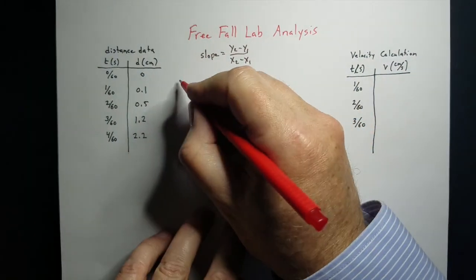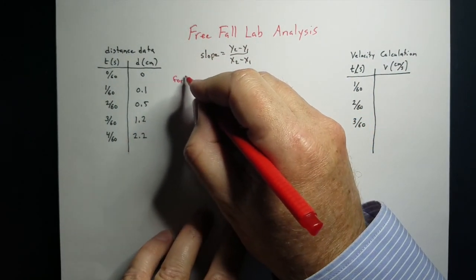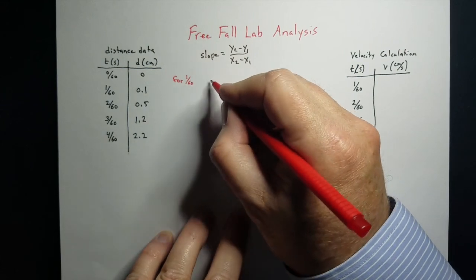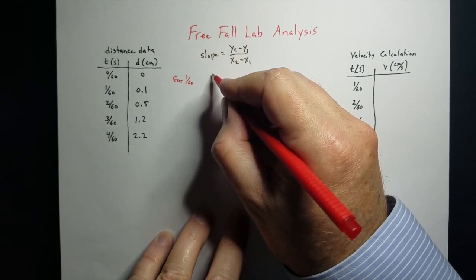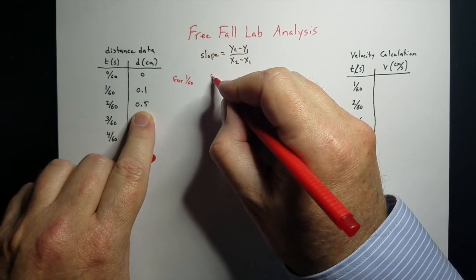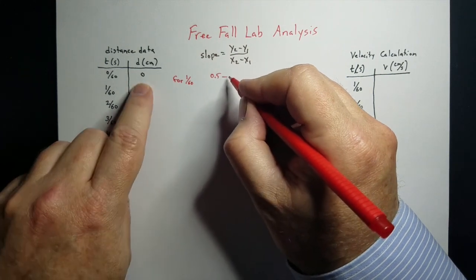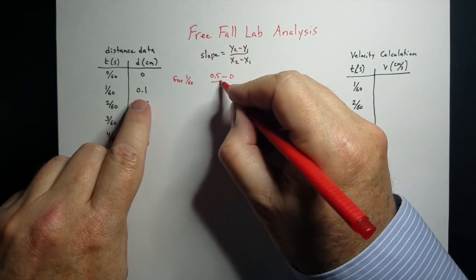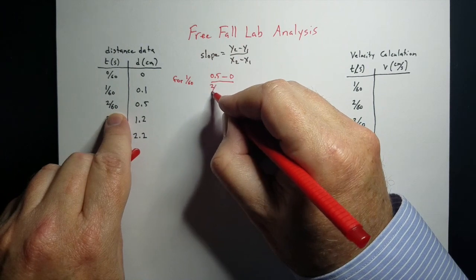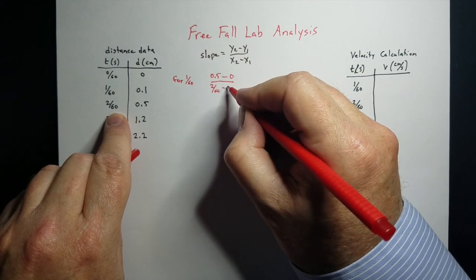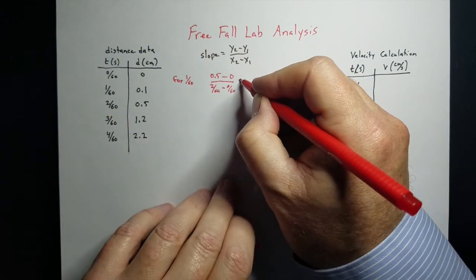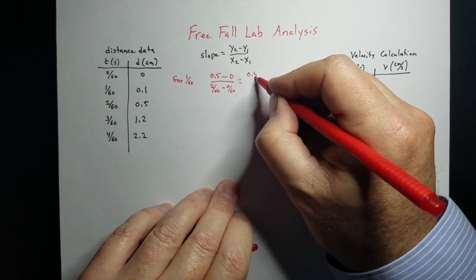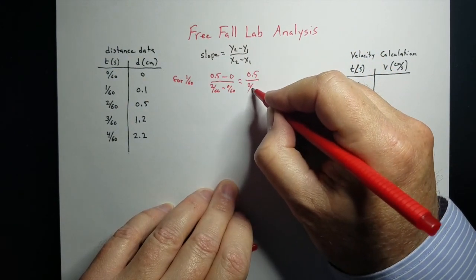So for 1/60th, I'm going to take the point after, 0.5, minus the point before, 0, over 2/60ths minus 0 over 60. And when I do that, I get 0.5 over 2/60ths.